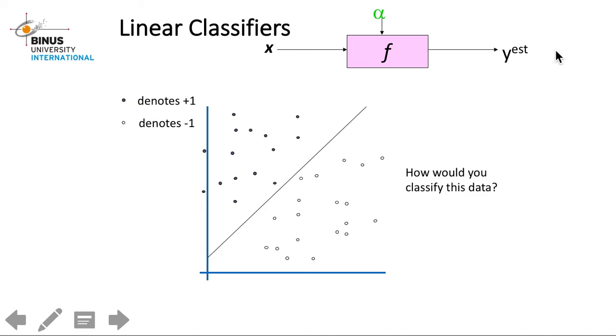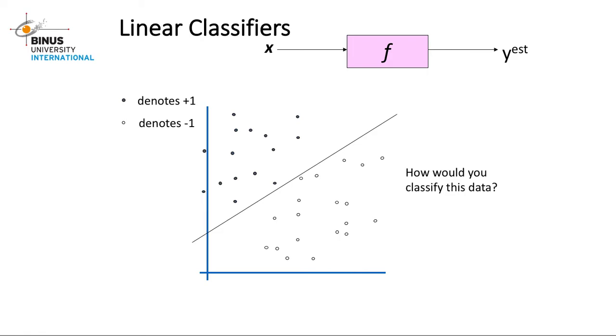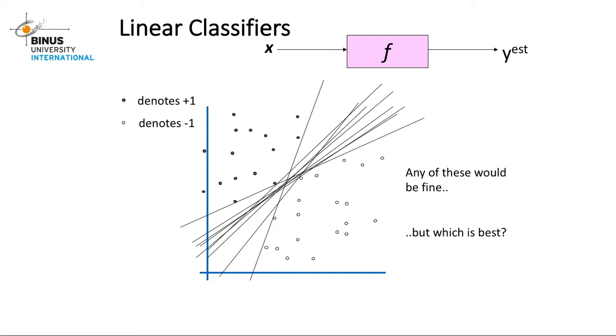If we see data like this, we can simply draw a line between these two classes because this is clearly separable, right? But how about this one? Yes, this one is also a good classifier. This one? Okay, this one is also a good classifier. So we have so many alternatives to draw the classifier.